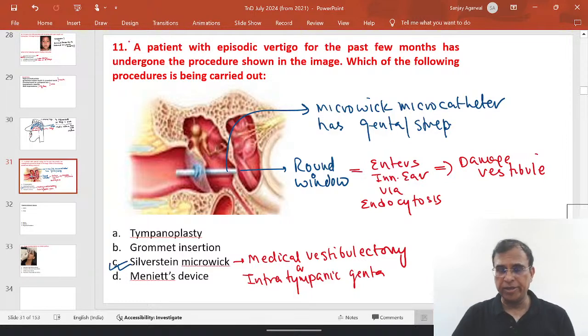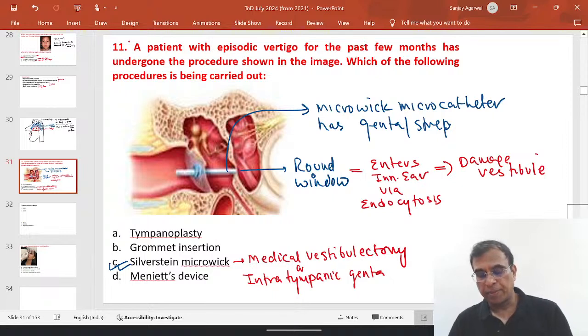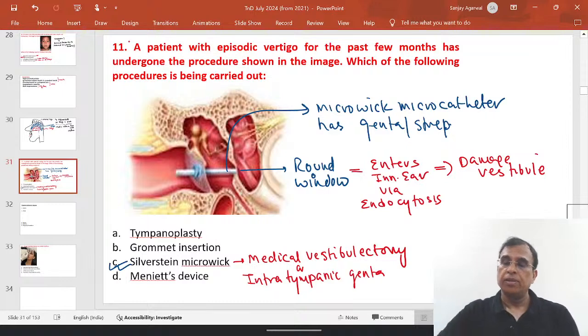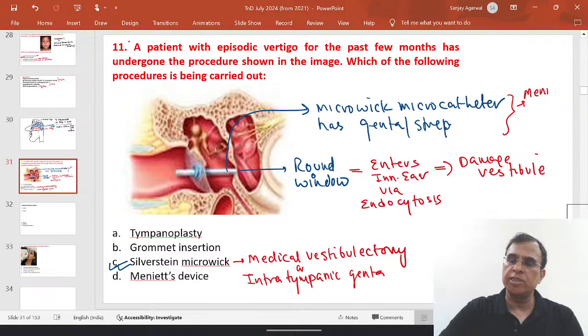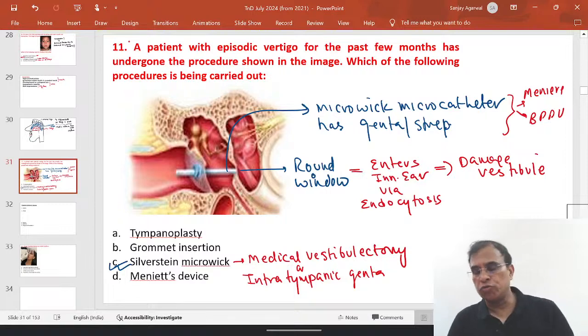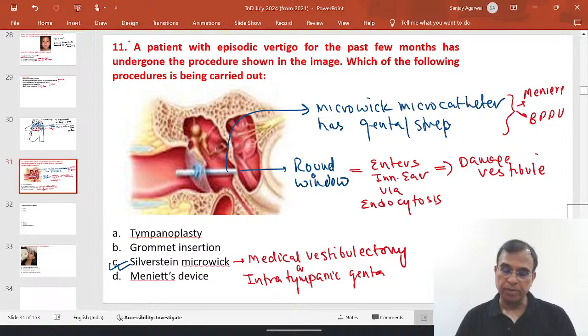The tube is in the middle ear, so gentamicin is in the middle ear. It is mainly used for Meniere's disease, but it is also used for BPPV sometimes. It can be beneficial in both conditions, right?